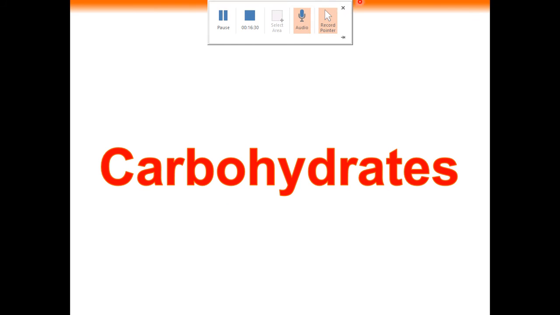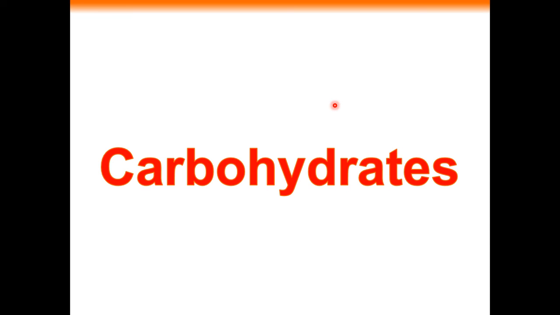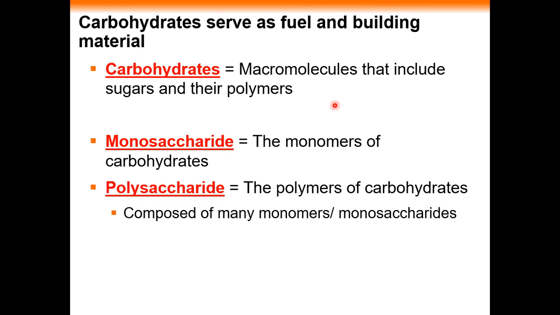right? So carbohydrates are macromolecules, big molecules. They include sugars in their polymers. So this is really important for each of these, carbohydrates, lipids, proteins, and all that. You need to learn the monomer and the polymer. So an individual carbohydrate unit, the monomer, is known as a monosaccharide.